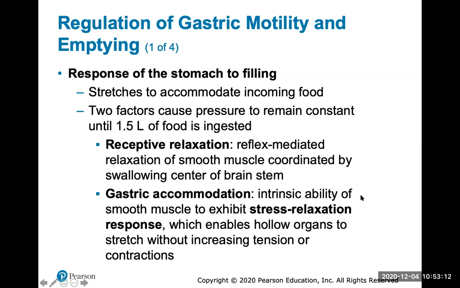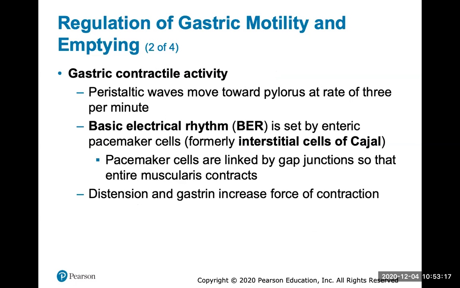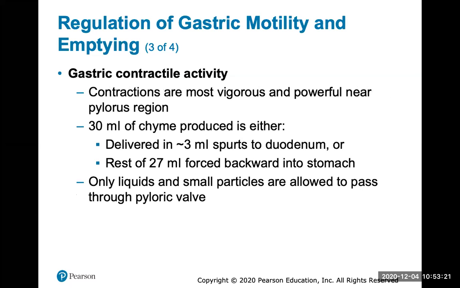In response to the stomach filling, you have a receptive relaxation, gastric accommodation, and then gastric contractile activity. Again, this is the regulation of how quickly things move through the stomach and how the stomach is emptied. Contractions will be most vigorous and powerful near the pylorus, which is the bottom inferior end of the stomach.